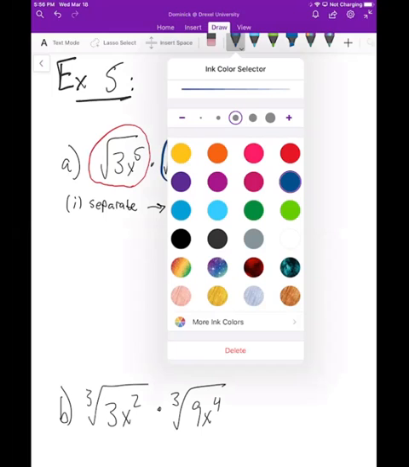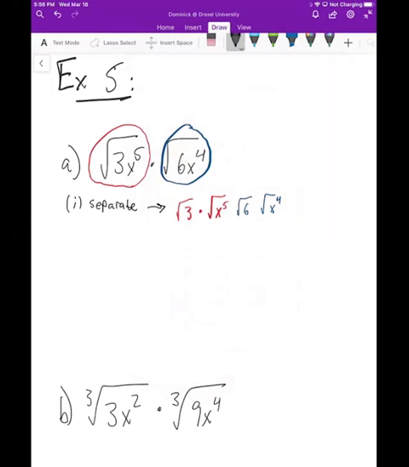Now, the next thing that you want to do is group each type of term together in its own radical.